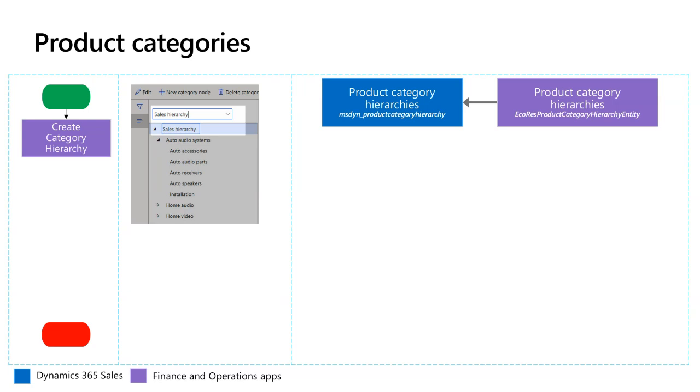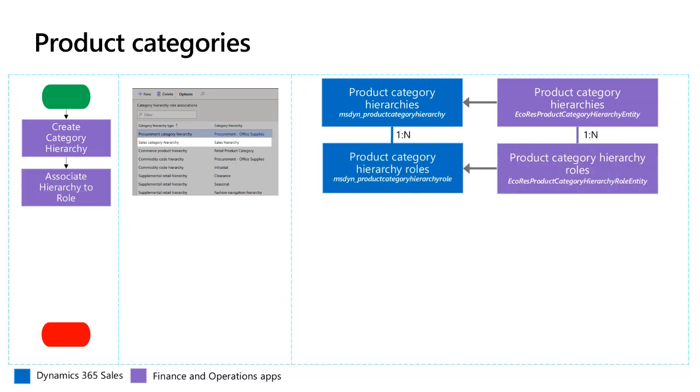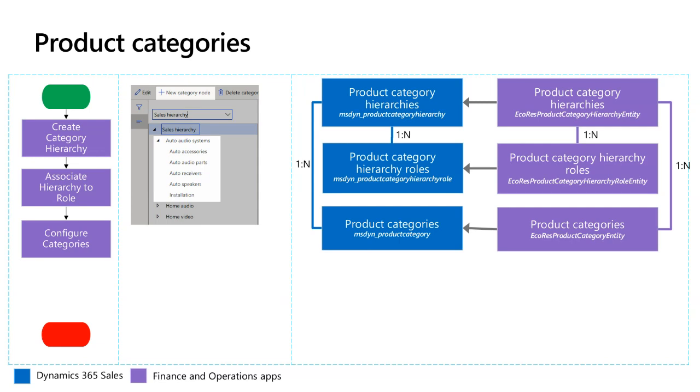So from a product category maintenance perspective, we are creating those product categories in finance and operations. The category hierarchy. We're then associating that hierarchy to the sales category hierarchy role. And again, data is flowing from finance and operations through to sales at this point as well. We're configuring this hierarchy, right?